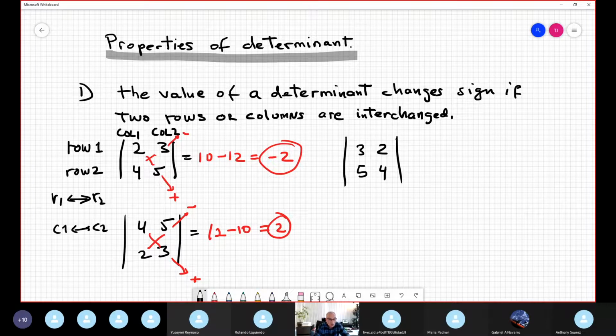Now this column gets 2, 4, and this column gets 3, 5. The multiplication here is positive 12, and the multiplication here is negative. The beauty of this is that I proved it in one elementary 2 by 2 example, but if you are doing 3 by 3, 4 by 4, the result is the same.